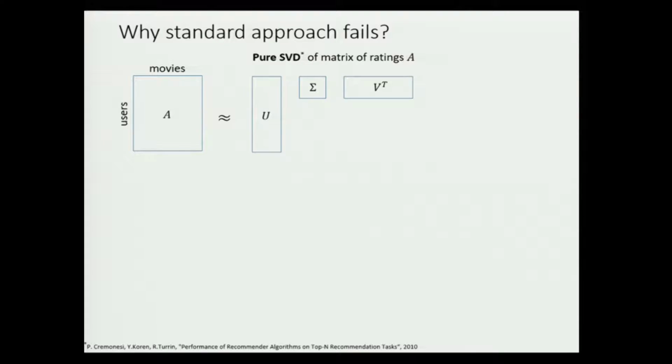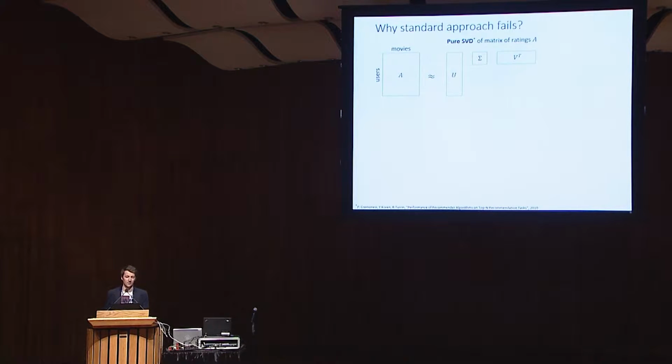And I will use a matrix factorization approach for illustration. Without loss of generality, I will use pure SVD, which was shown to be a strong starting algorithm by the known work of Paolo Cremonesi, who is here today, and Yehuda Koren and Roberto Turrin in 2010.